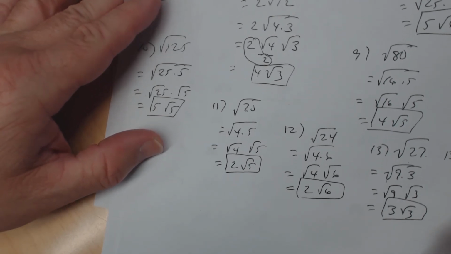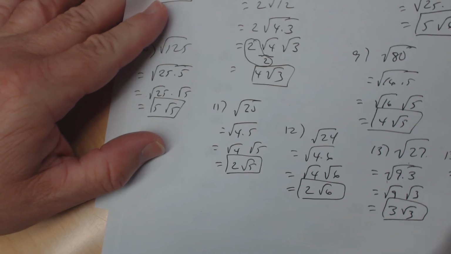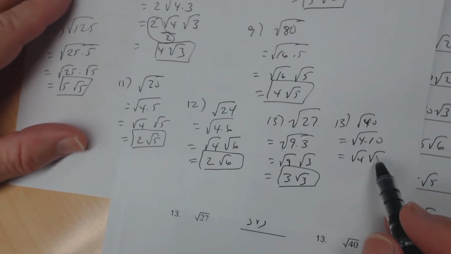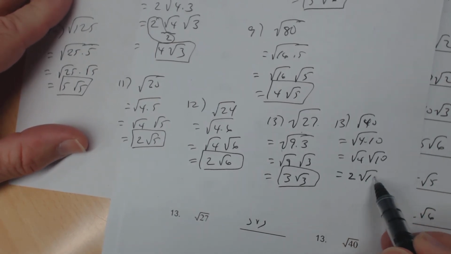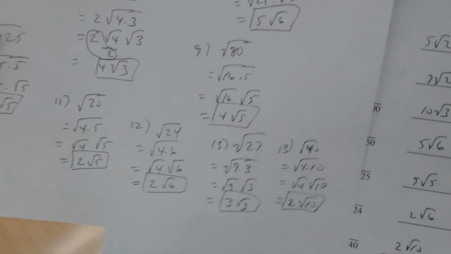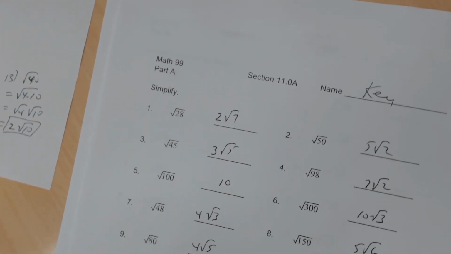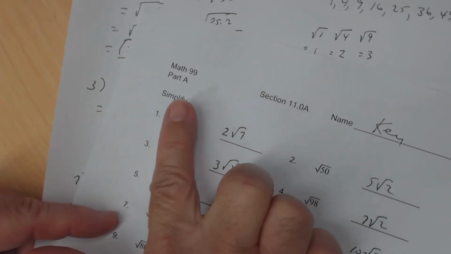Again, 4 will go into 40, and that's going to be the largest. 4 times 10, so that'll be the square root of 4 times the square root of 10, so it's 2 square root of 10. Okay, so that is the key to worksheet 11.0, Part A.